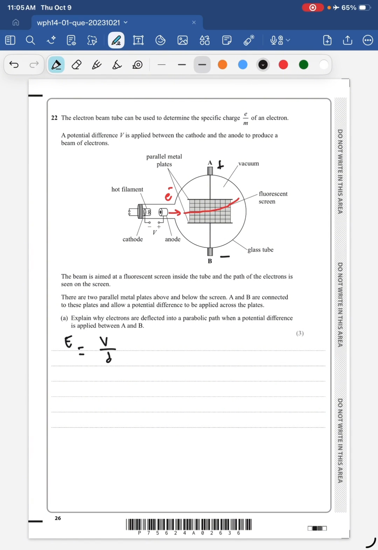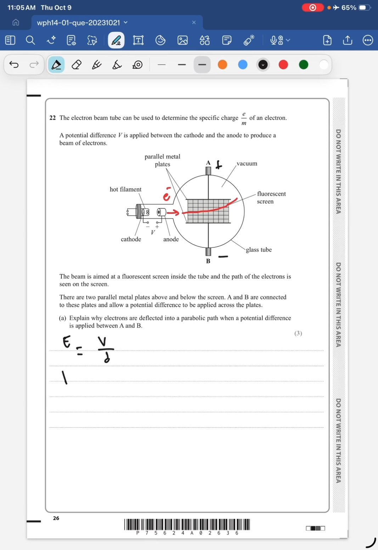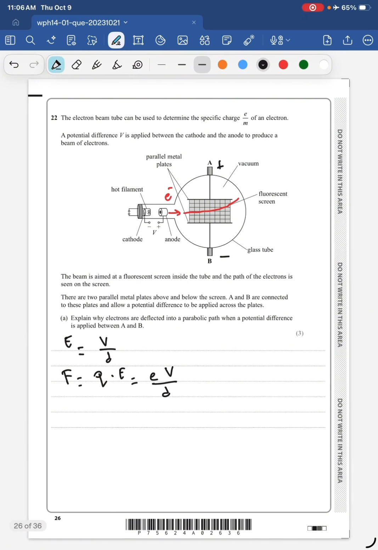We discussed this in a previous problem. Therefore the electrons are going to experience a force Q times E, and the charge of one electron is simply e times V over d, and this force is going to act along the y-axis. There will be no force in the x direction, only in the y direction.